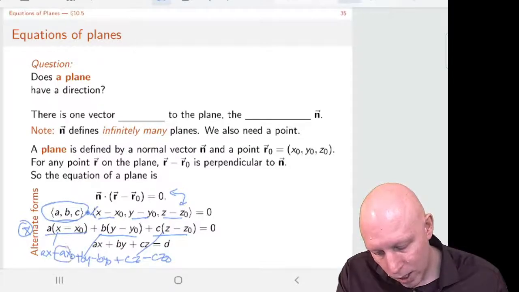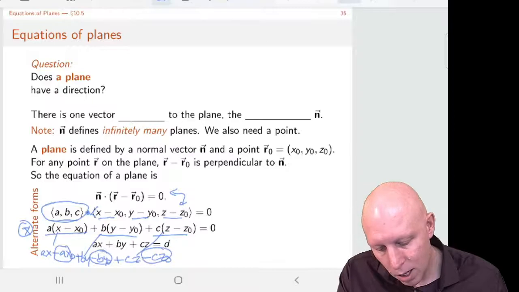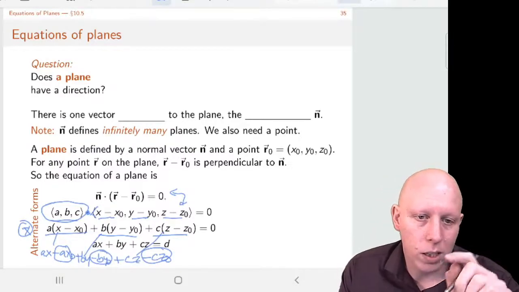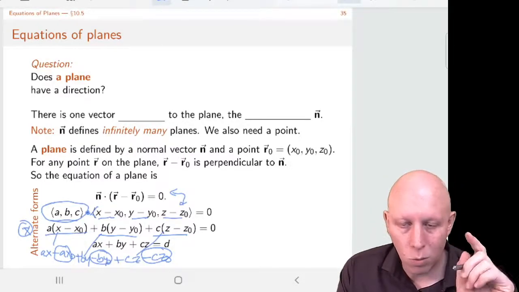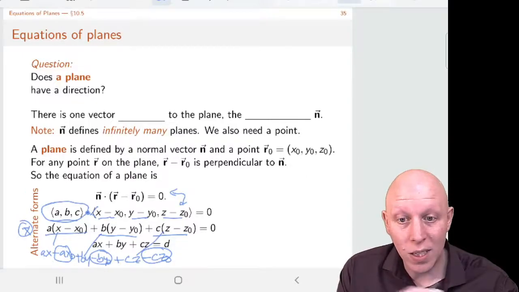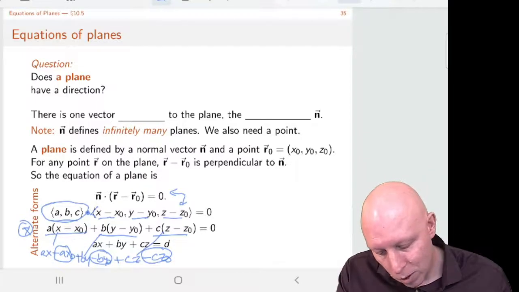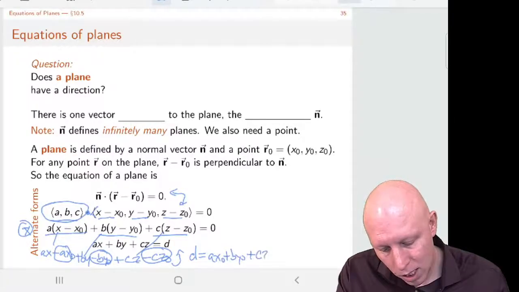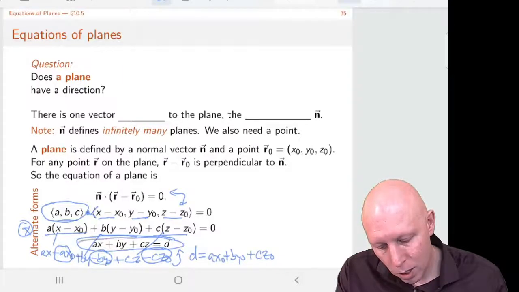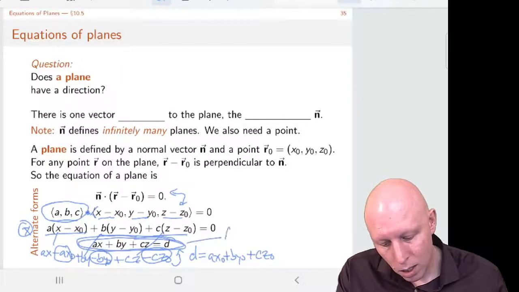If we take all of these constant terms, these are just numbers, because x naught is a number, y naught is a number, z naught is a number, and abc are numbers. We bring those all to the other side, and we let d be equal to ax naught plus by naught plus cz naught. Then this is the last equation of a plane. Also an equation of a plane.